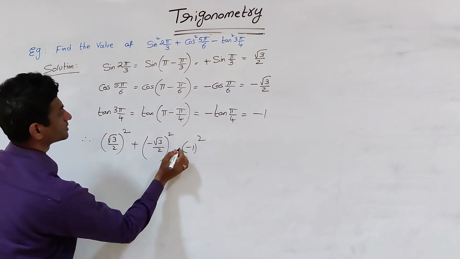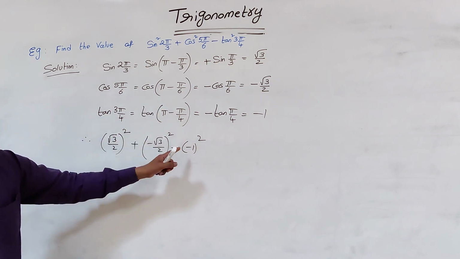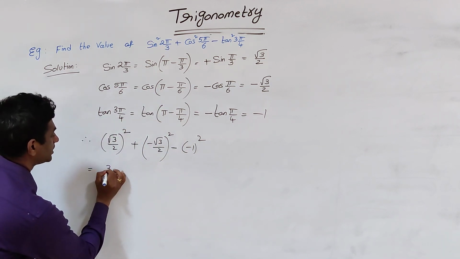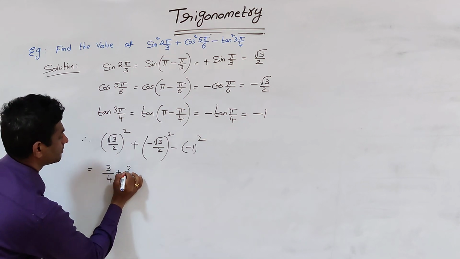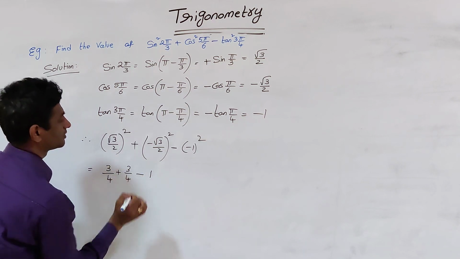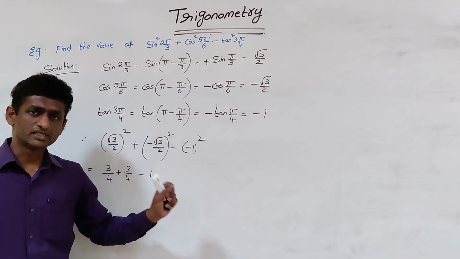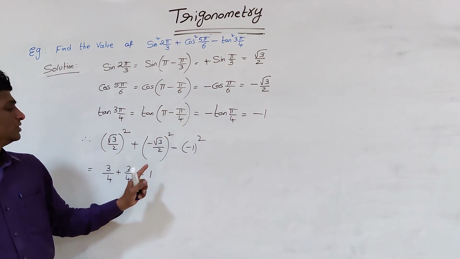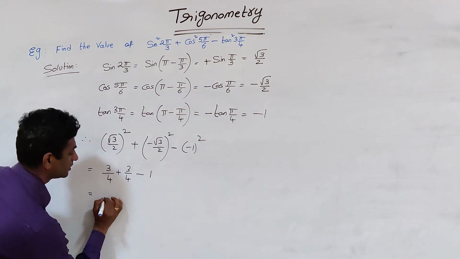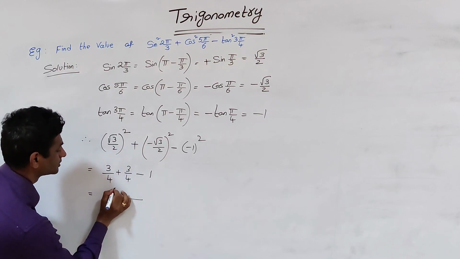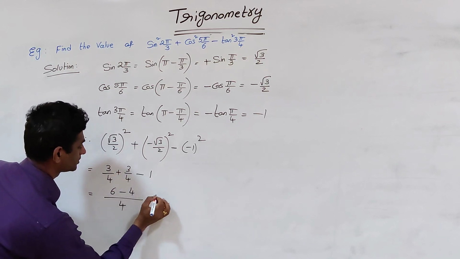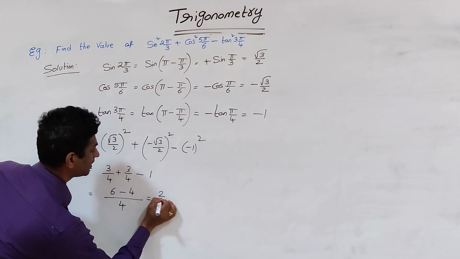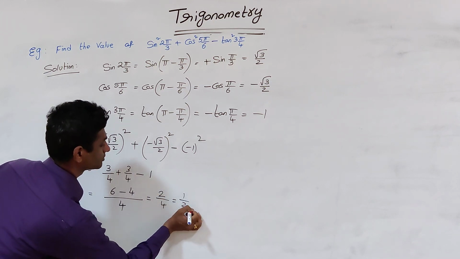So it is minus of tan square. So it will be 3 by 4 plus 3 by 4 minus 1, because minus 1 whole square is plus 1, and plus 1 is multiplied with negative, so minus 1. So LCM is 4. 6 minus 4, that is 2 by 4, it is equal to 1 by 2.